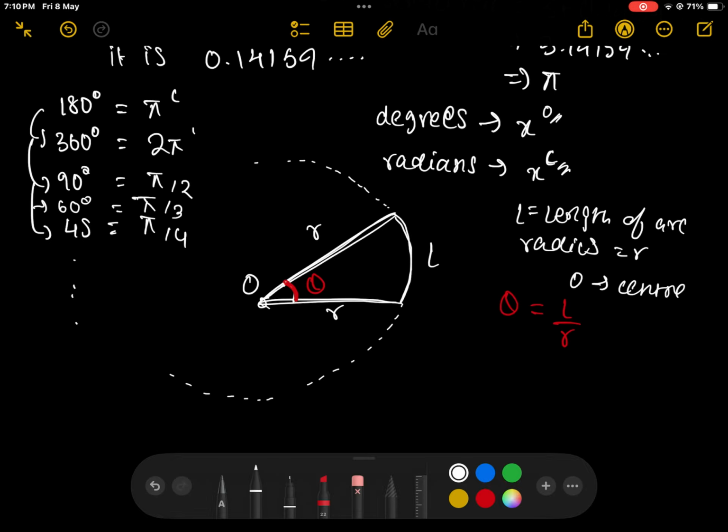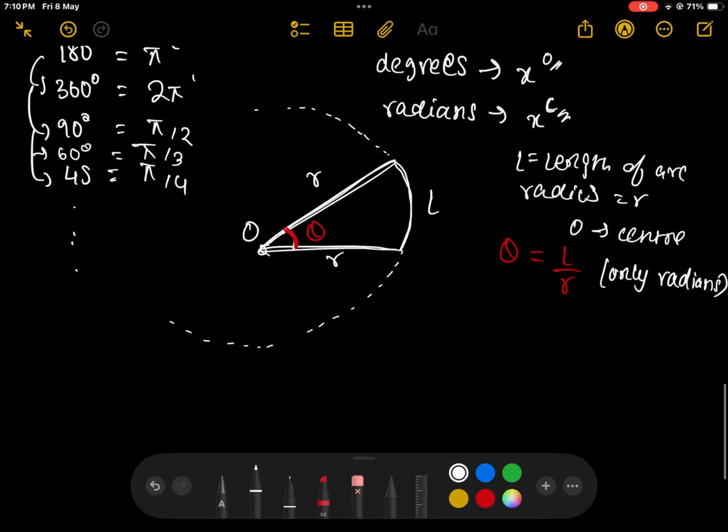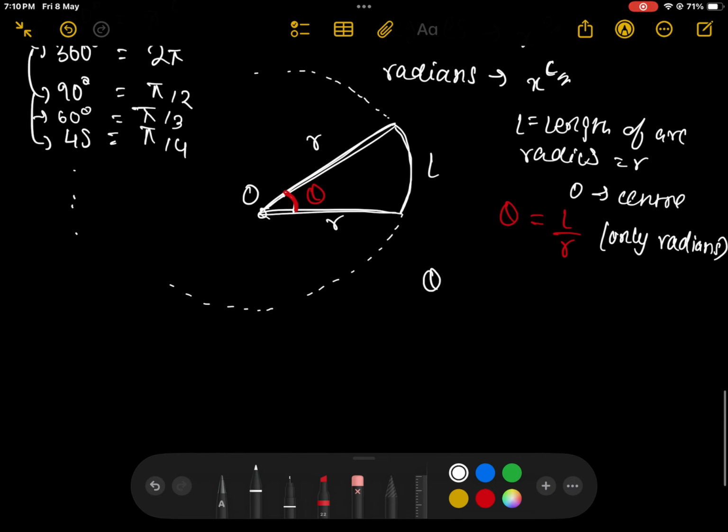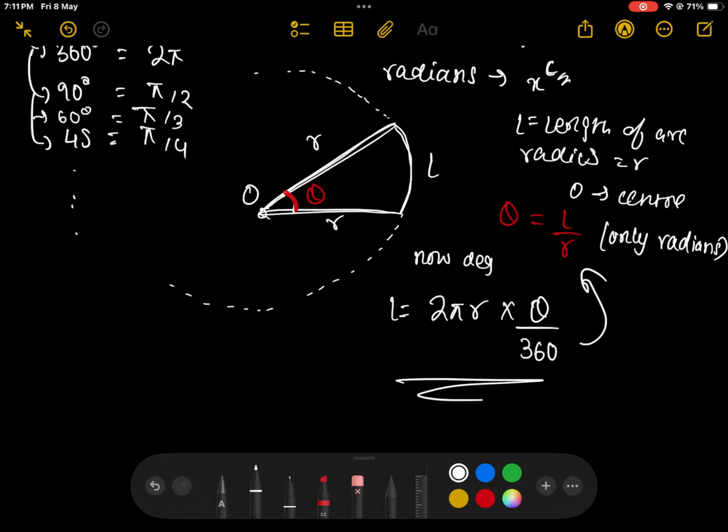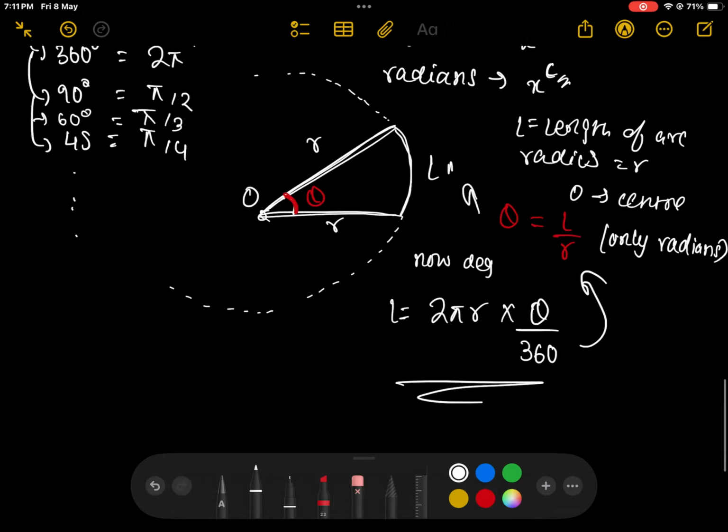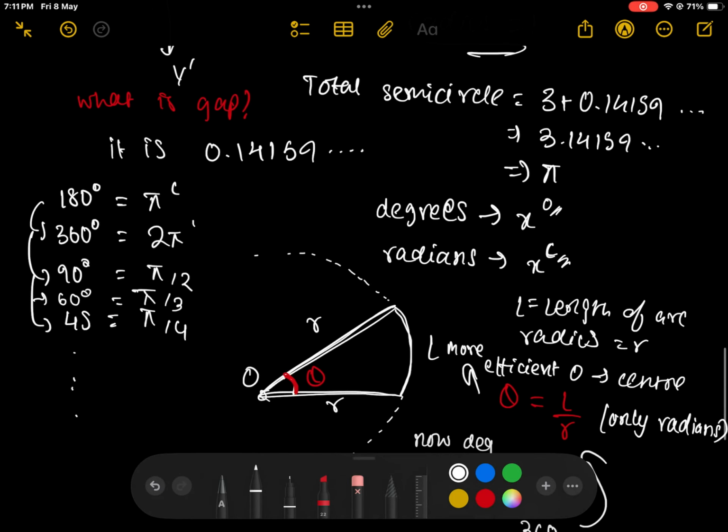If we want the angle measurement in radians, it's going to be L by r, which is length of the arc by the radius. But if you wanted to find theta in degrees, you could use this little formula. L equals 2 pi r into theta by 360. Just move the stuff over and you've got it.